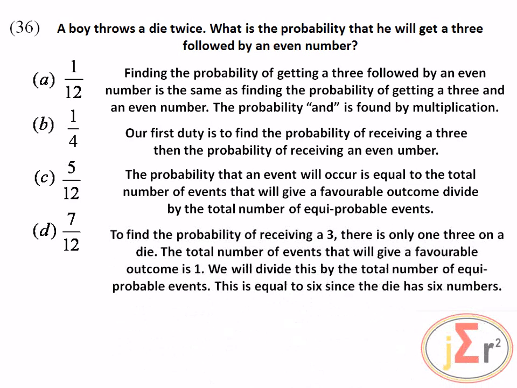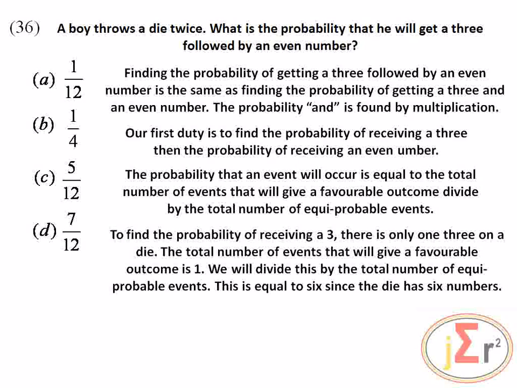To find the probability of receiving a 3, there is only one 3 on a die. So the number of events that will give us a favorable outcome is 1, because we have one 3.